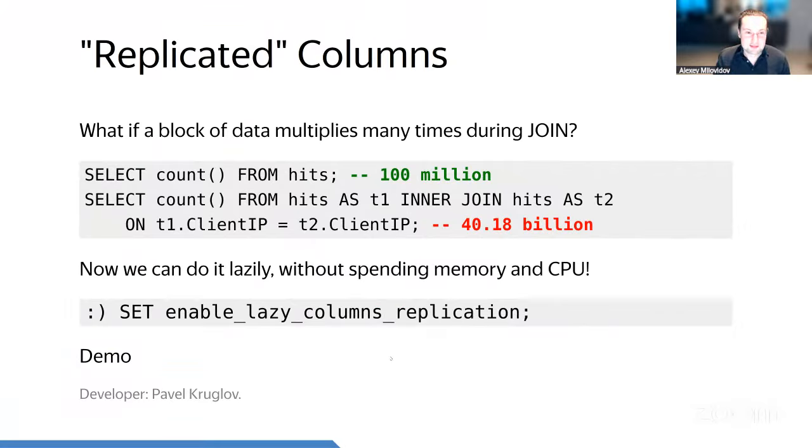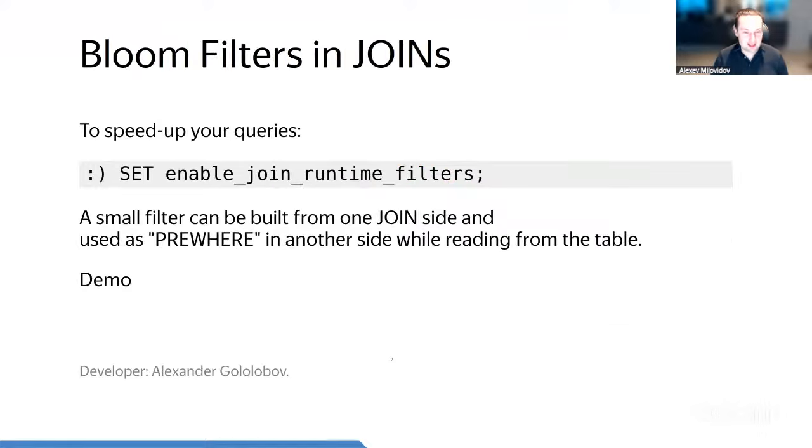We have more performance optimizations. The next one is about Bloom filters in joins. What does it do? Let's suppose again we do a join. We have one table at the left side, one table at the right side. And the most efficient algorithm, if we can use it, is hash join, or more precisely, parallel hash join.